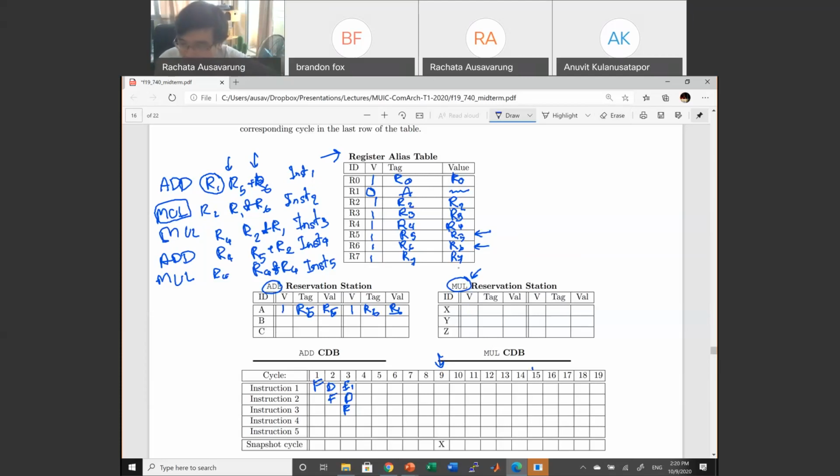At this cycle, what are we modifying? We are modifying R1 and R6, right? Our code here says we multiply R1 and R6. You look at R1, basically over here. You now look at R1 and R6. Is R1 valid?